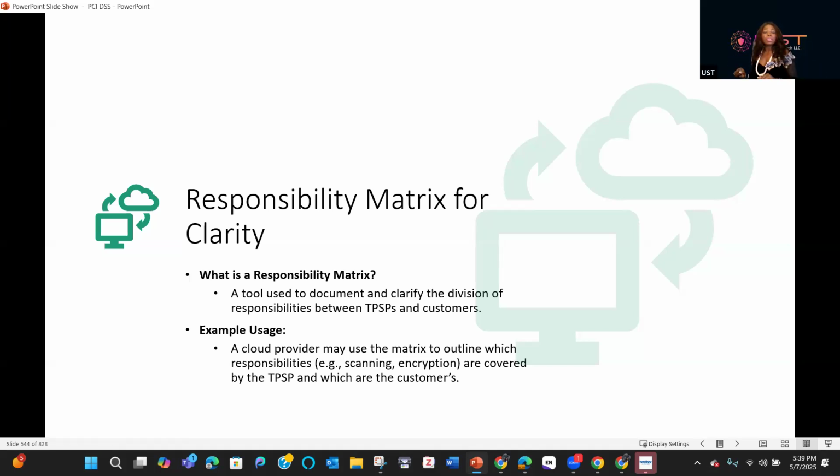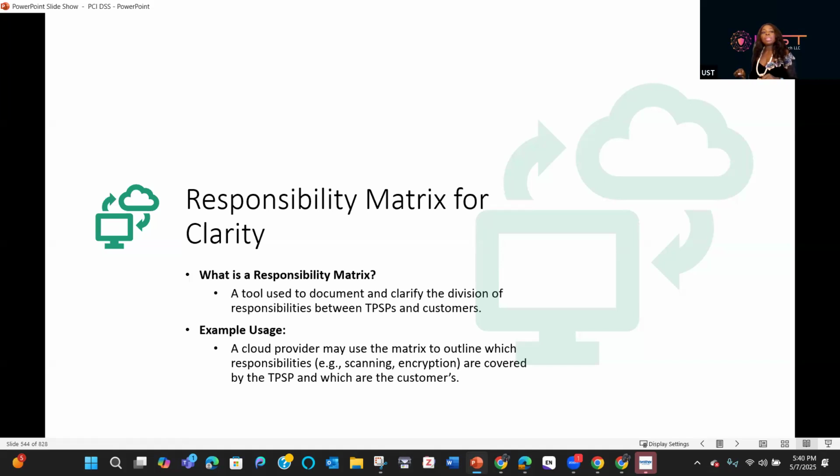That is already a vulnerability, a weakness that a threat can exploit, which can result in a security breach or other risks that might affect one or multiple parts of the CIA triad, right? For example, a cloud provider may use a matrix to outline which responsibilities, maybe scanning or encryption, are covered by the third-party service provider and which are for the customer.